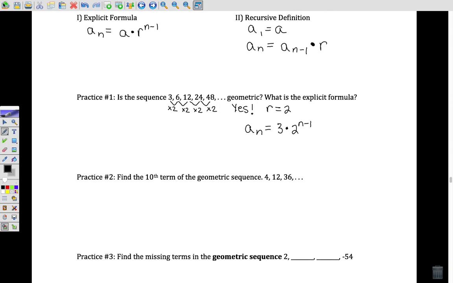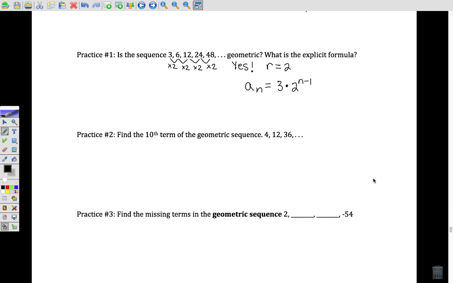Now you'll notice in these geometric sequences, they get big pretty quickly, much quicker than an arithmetic sequence.